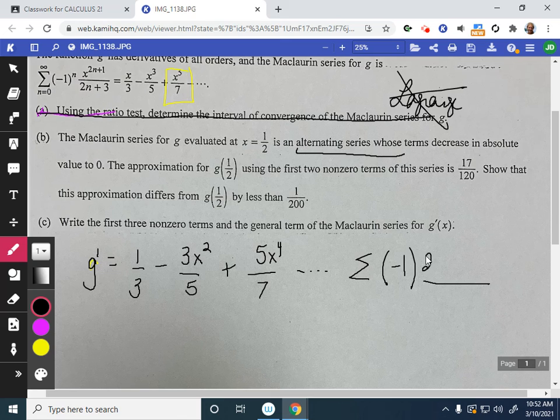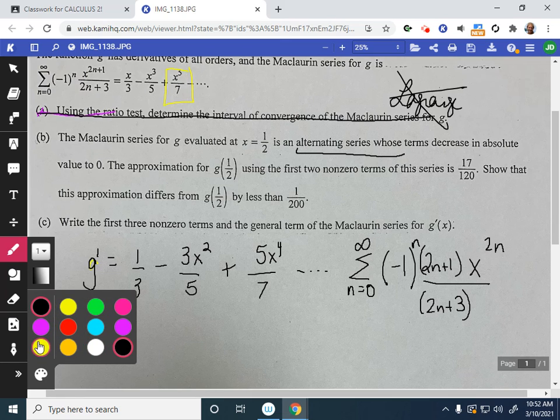So I'm going to say we have a 2n plus 1 on the top to represent that odd number, and then a 2n plus 3 on the bottom because I've got to go 2 more, and then x to the 2n. So we will start with n being 0 because I don't want to have an x. I want to have a 1 on the top, a 3 on the bottom, and I also want this to be positive, so there we go.